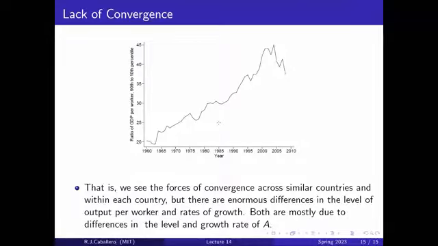Now, it turns out that the world has become very unequal also along this dimension over time. This shows you the ratio of GDP per worker of the 90th percentile to the 10th percentile country. And so you have not only big differences in technology across the world, but also very different rates of growth in technology across different countries in the world.